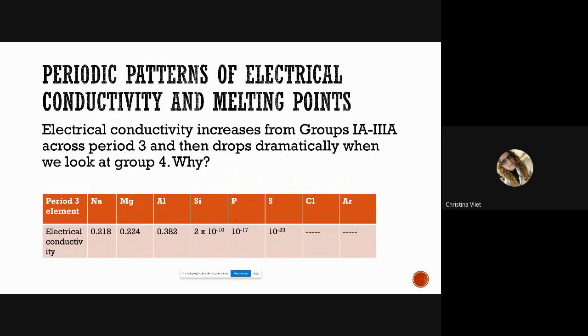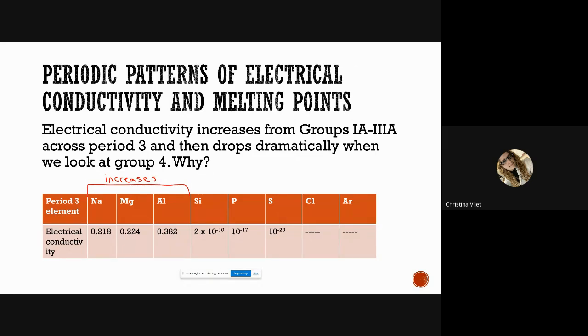Now, here's what's new. Periodic patterns of electrical conductivity and melting points. See if this makes sense. Electrical conductivity increases from the elements sodium to argon, only from sodium to aluminum. Why? So between sodium and aluminum, aluminum will conduct electricity better than magnesium, and magnesium will conduct electricity better than sodium.